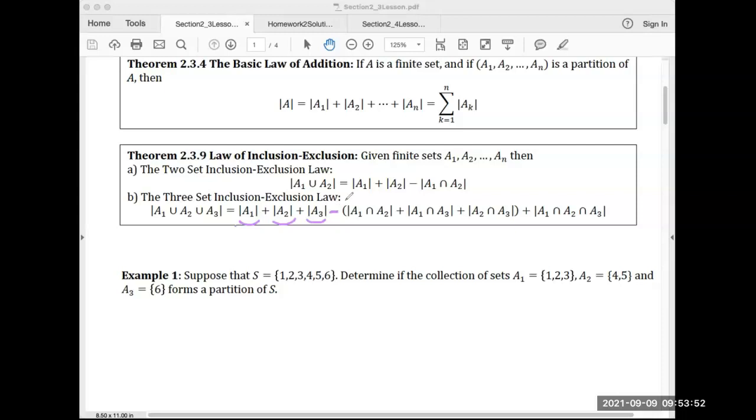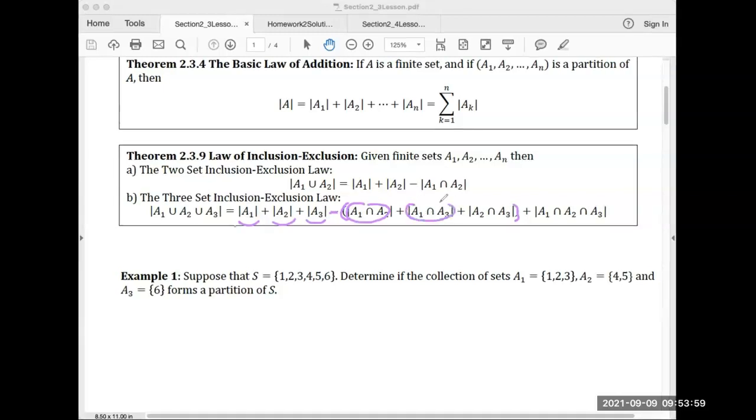You see this minus in front of the parentheses. You're subtracting the overlap between the first and second set, the first and third, and the second and third. But what happens is that you're subtracting too much. You're subtracting the overlap between all 3 sets too many times, so you have to add back in the overlap of all 3 sets together, because you removed too many elements. Okay, so that's how it works with 3 sets.